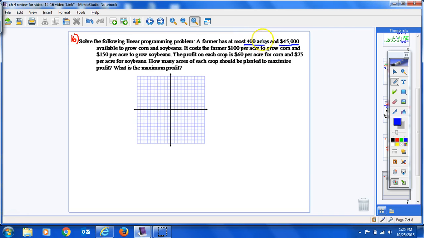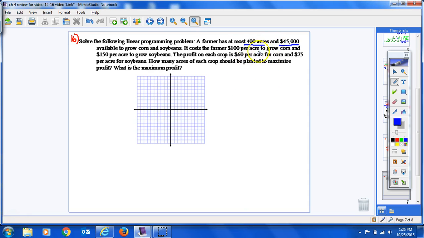Just given what he has to work with, he wants to take what he's got and make the most of it. So we're going to write some inequalities, draw the graph, and come up with the combination of acres of corn and acres of soybeans that will give him the maximum profit, and then what that maximum profit number is.